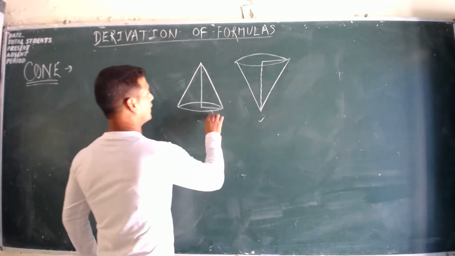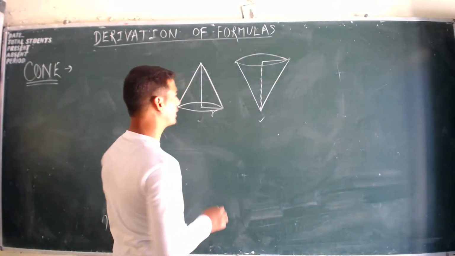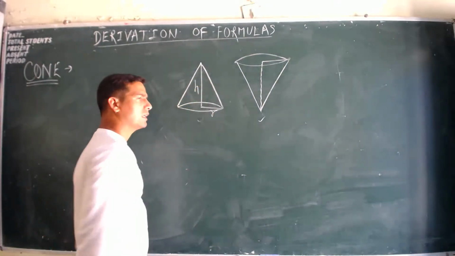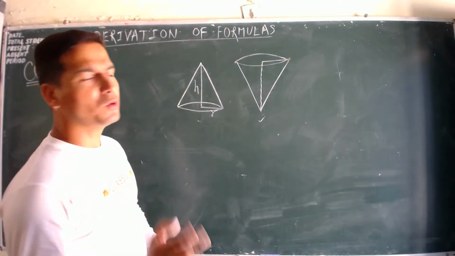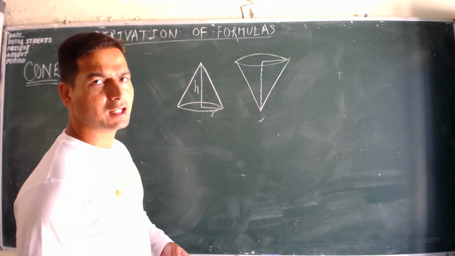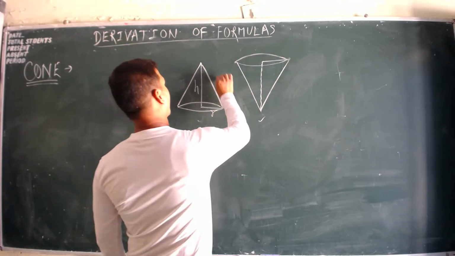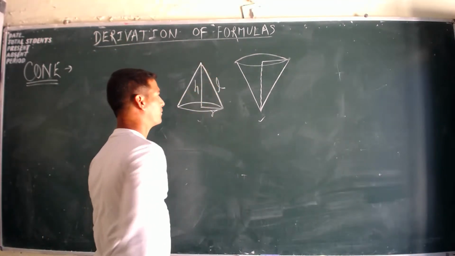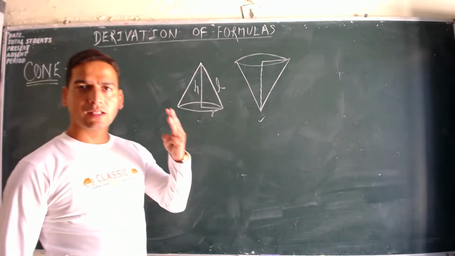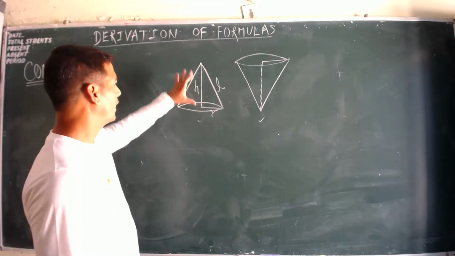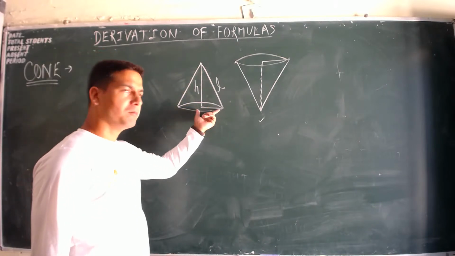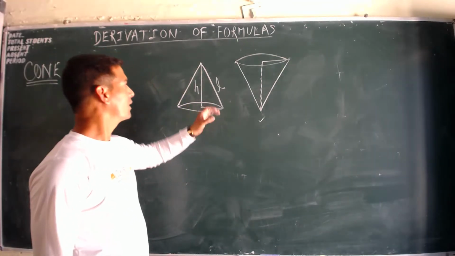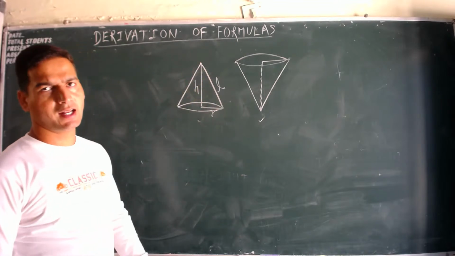Now let the radius of the cone be r, and the height of the cone be h. Here one more edge has been taken, l. Here l means the slant height. Three terms are used here: height of a cone, base radius, and slant height.